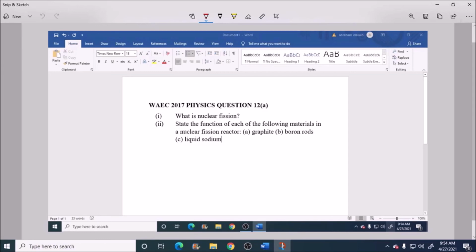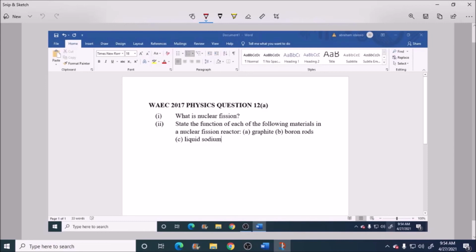Question 1, the Roman figure says, what is nuclear fission? Question 2 says, state the function of each of the following materials in a nuclear fission reactor: graphite, boron rods, and liquid sodium. Now first let's talk about nuclear fission.